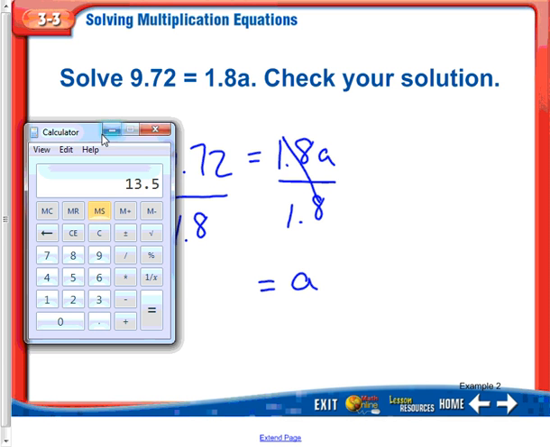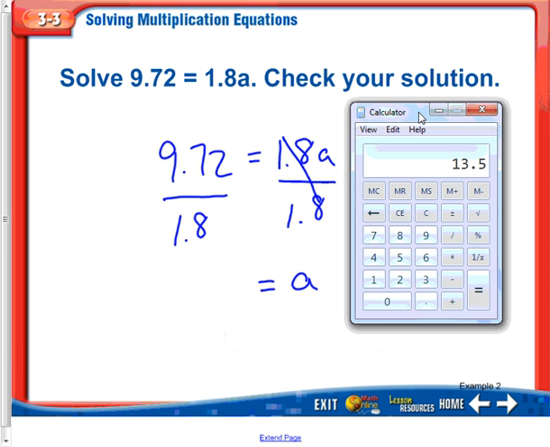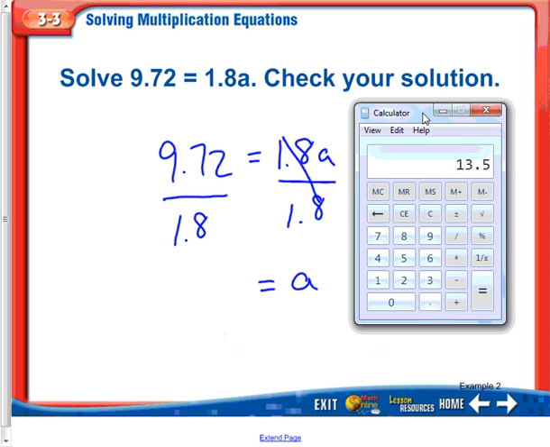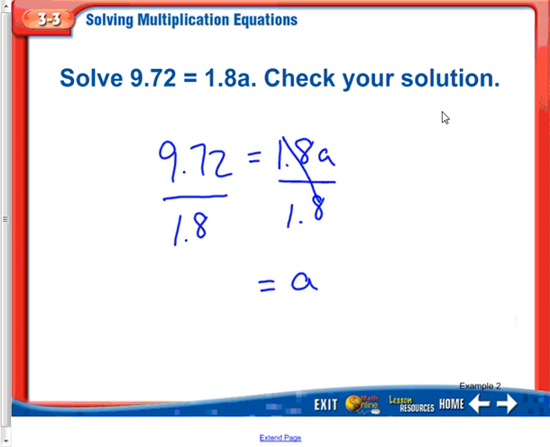Our focus is on solving multiplication equations. So you can just use your calculator for the division. 9.72 divided by 1.8, and that equals 5.4. We write 5.4 here, and that is our answer.